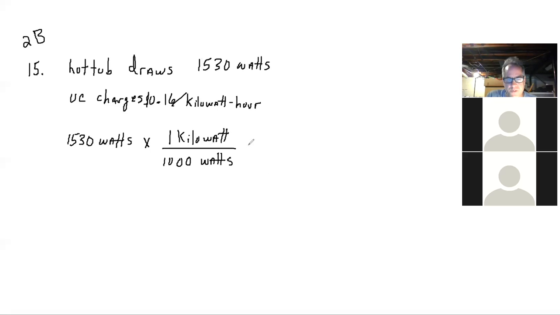Now, I know this is going to be over 4 months. Now, to get months to cancel out, we are told to assume that there will be 30 days in 1 month. So I can get my months to cancel out.